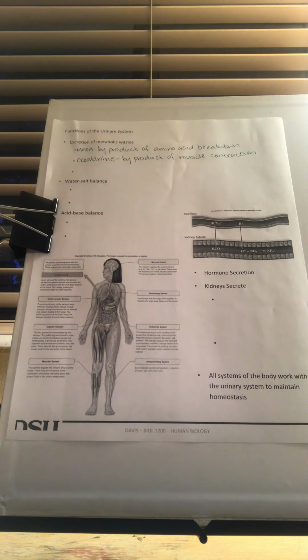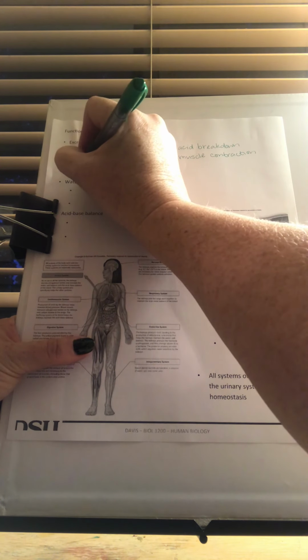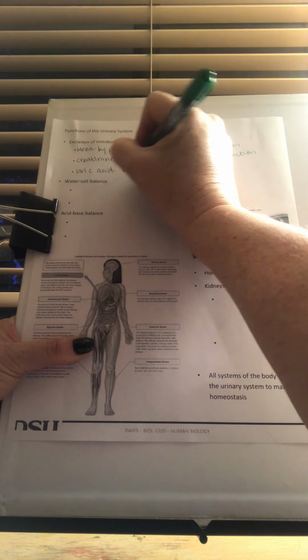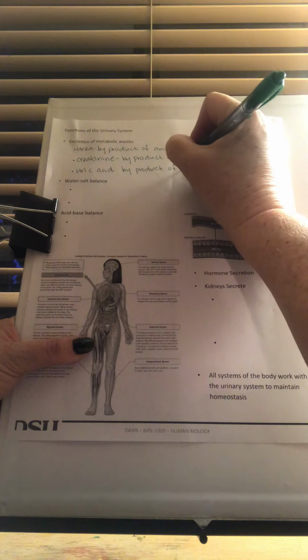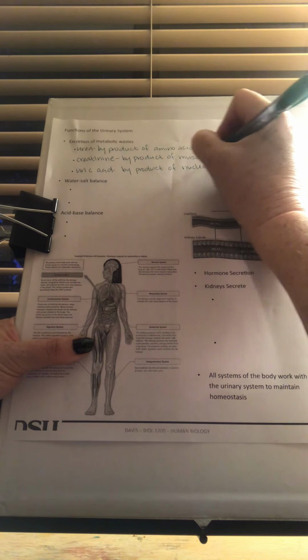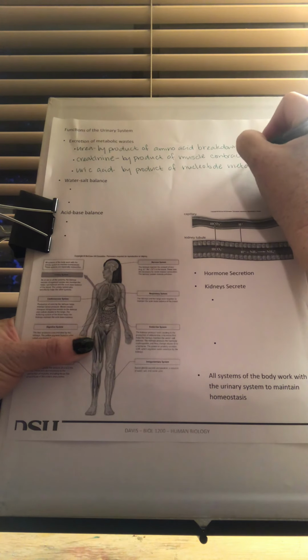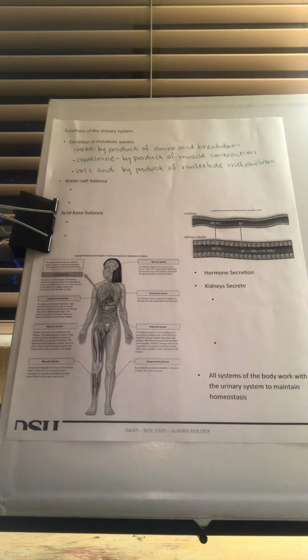And then we have something called uric acid. And this is a byproduct of nucleotide metabolism. Remember that nucleotides are the monomers for nucleic acids, which are DNA and RNA.